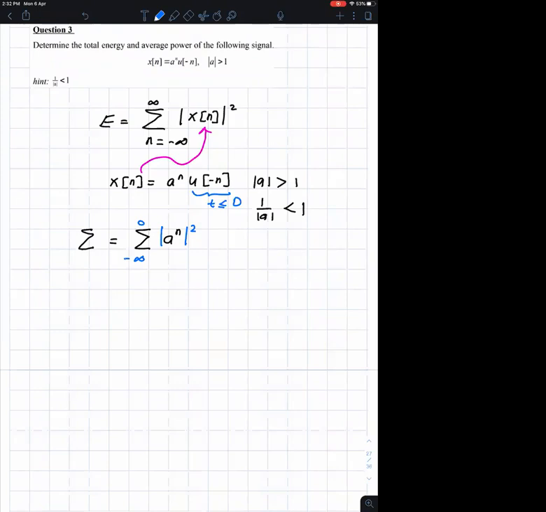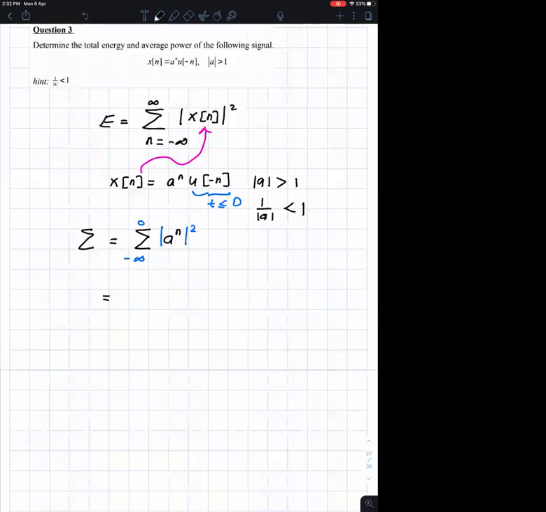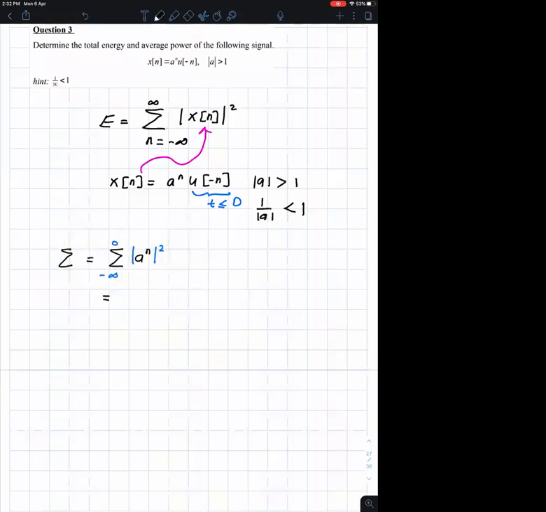Any question on this? So this is e to the power of... so now you can multiply the power inside the modulus sign and outside the modulus sign, it becomes 2n.